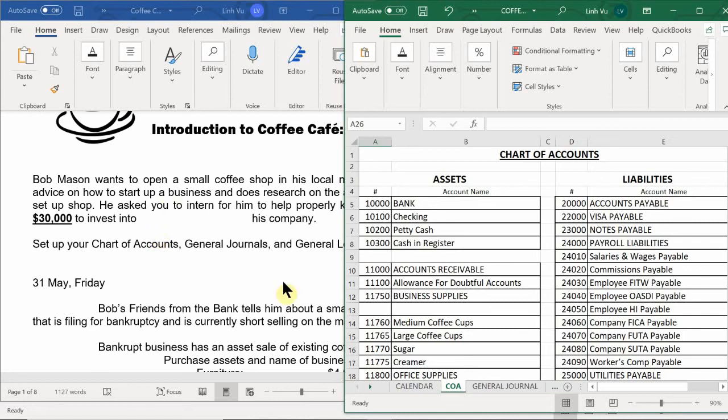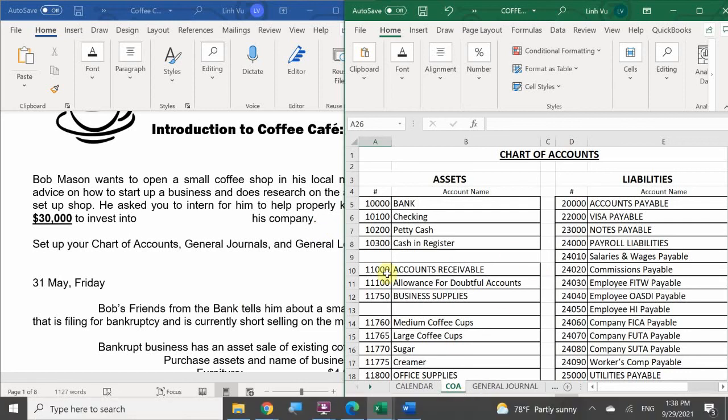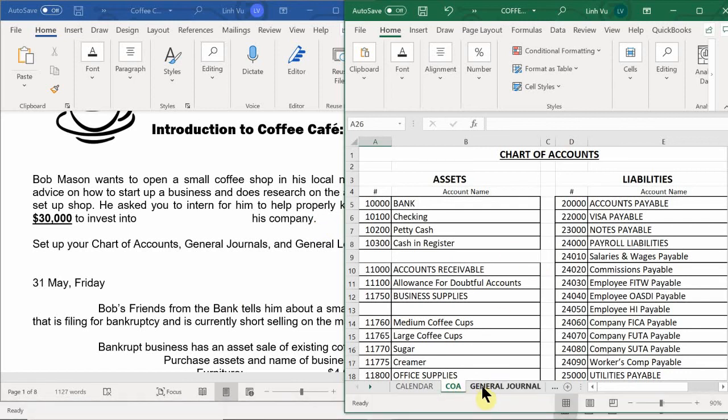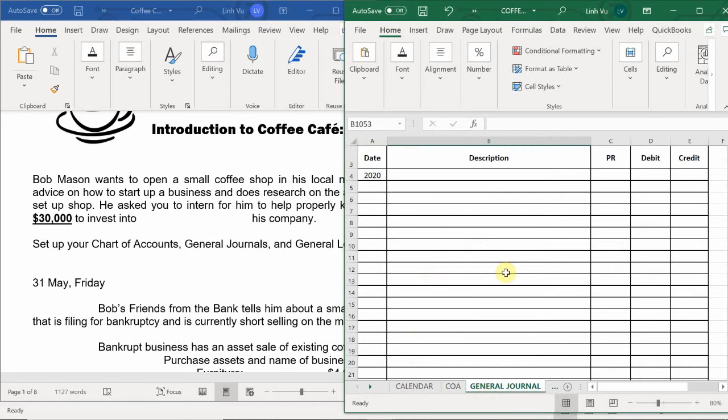Now, before we go forth, let's actually introduce what I have for you guys. If you remember, I put on the Google that you need your check register, your deposits, your general journal, which is a bunch of empty cells here. Your chart of accounts is the journal right here, okay?